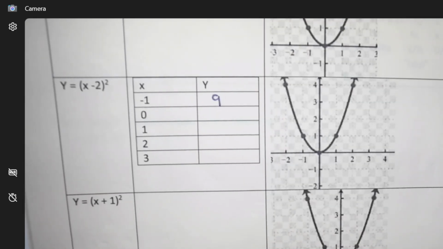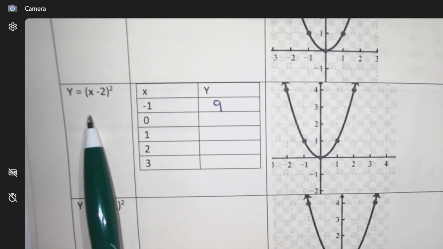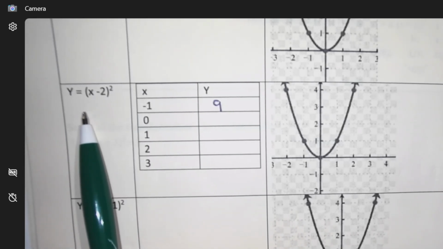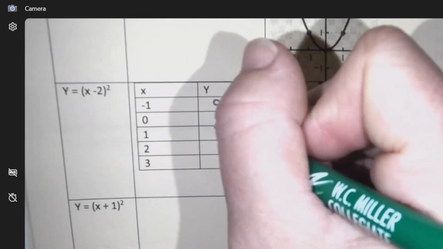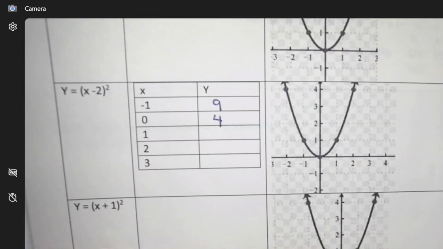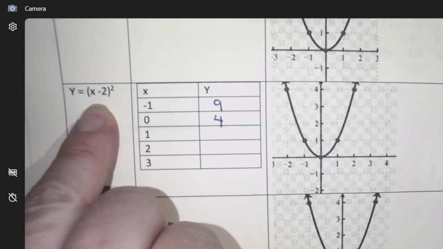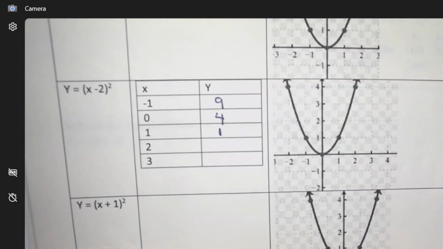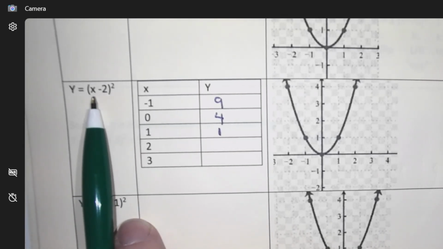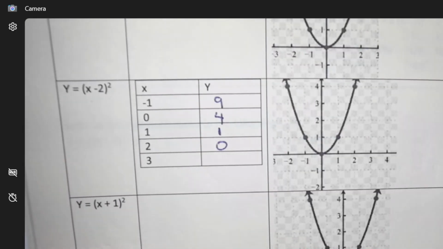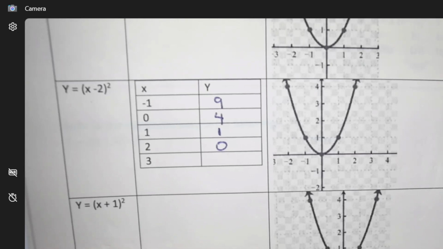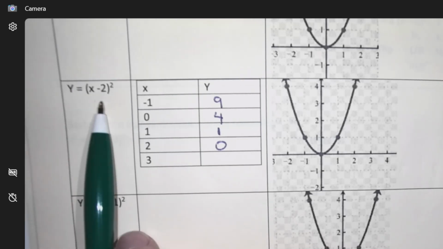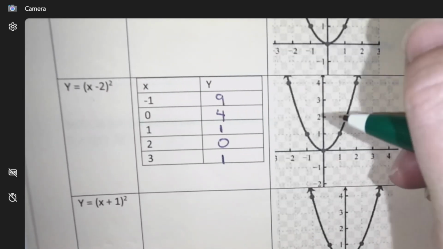Did you get to 9? 0 minus 2, so that's negative 2, squared, 4. 1 minus 2, negative 1, squared, 1. 2 subtract 2 is 0, squared, 0. 3 subtract 2 is 1. 1 squared is 1.